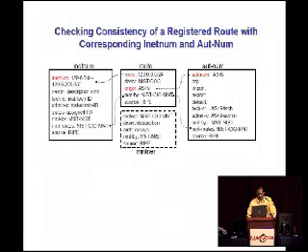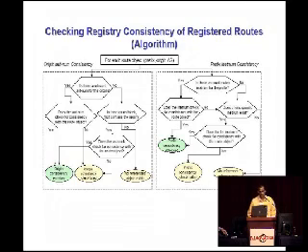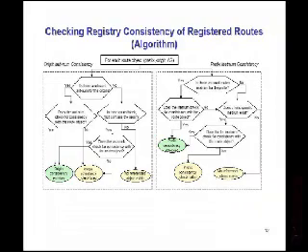Okay. So based on that consistency and inconsistency definition, first of all, you can do an analysis of the registry by itself, where we can take the route objects, the prefix origins from the route objects, and match them with the corresponding autnum and the inetnum, and look for consistency as we defined on the previous slide.